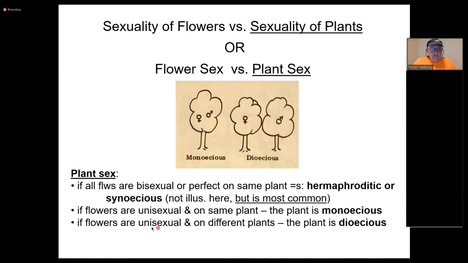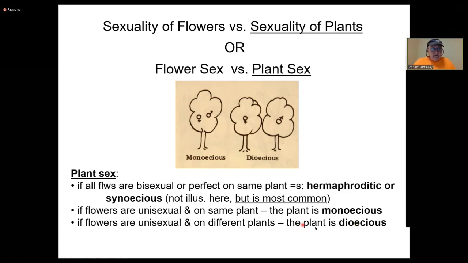But in hollies, the flowers are unisexual on different plants. You have a berry plant that has fruit on it, and you have a plant that has pollen or stamens on it. And the truth is, some of these plants are polygamo-dioecious, meaning they'll have some male and female flowers, and then they have some perfect ones too.